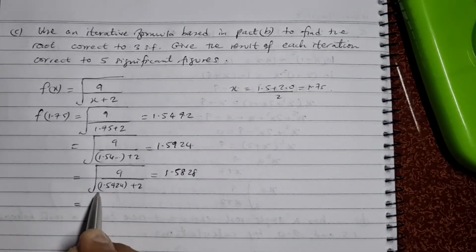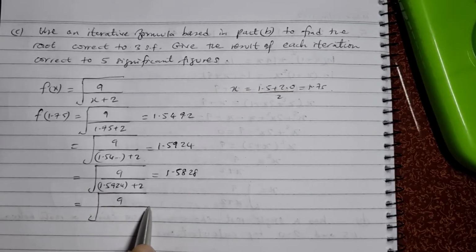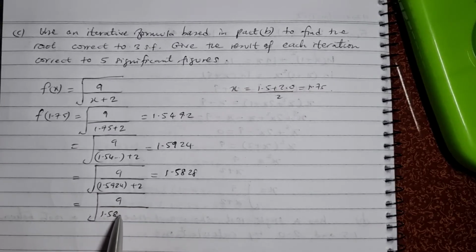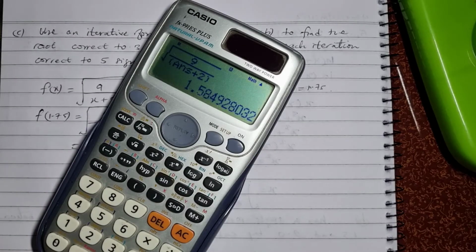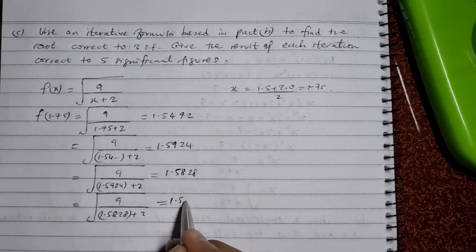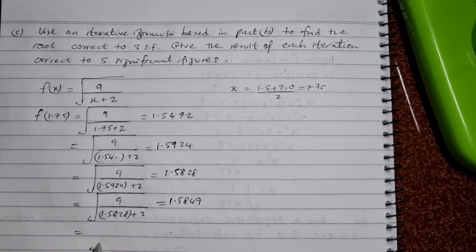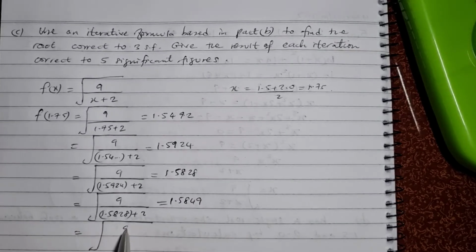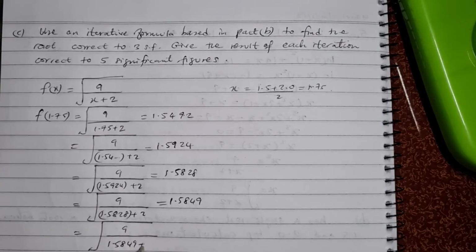You can go on and check from your calculator: 1.5849. And then again it comes to 1.5844.